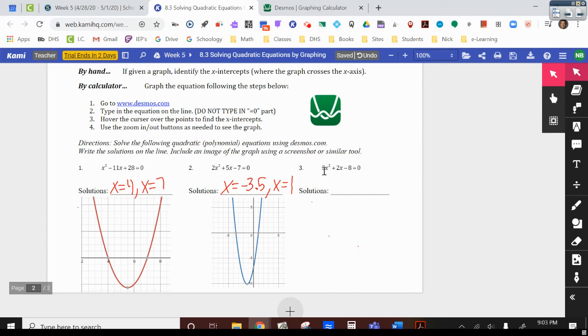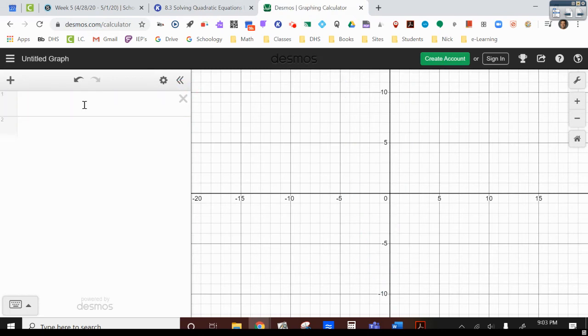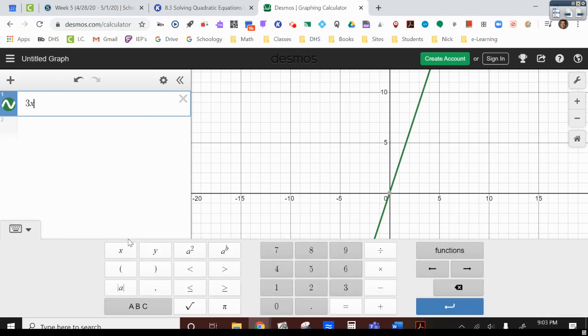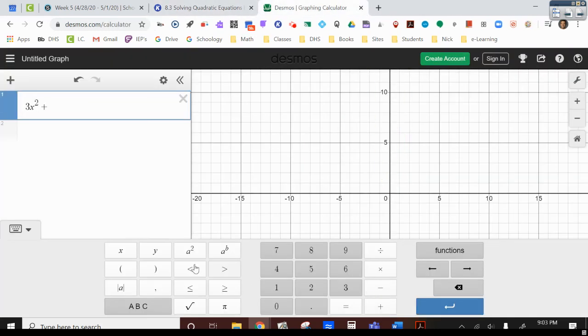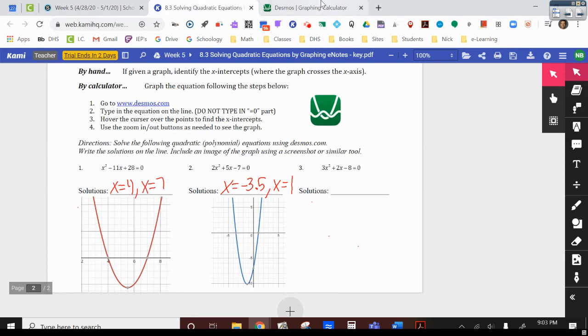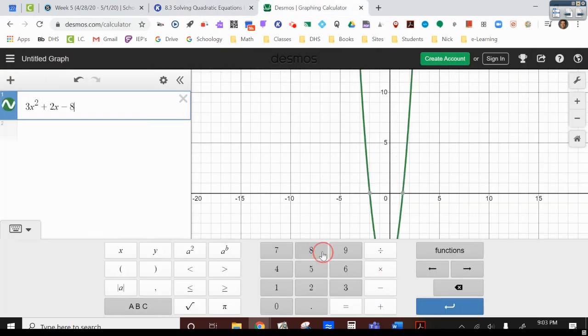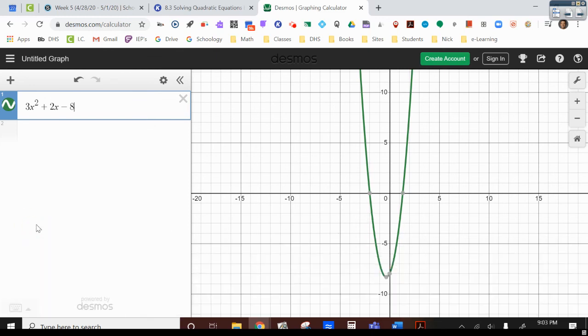I got one more graph here: 3x squared plus 2x minus 8. I clear that out. We got 3x. Again, to get that squared, you can open up your keypad here at the bottom, and here it is, A2: 3x squared plus 2x minus 8. And there's my graph in green now.